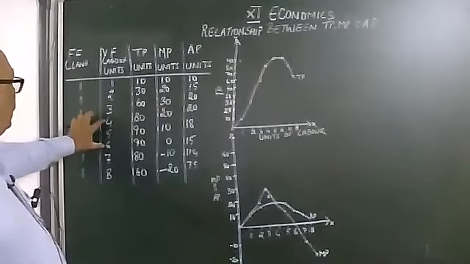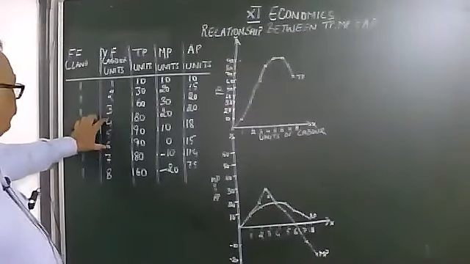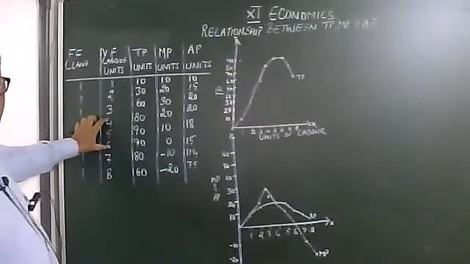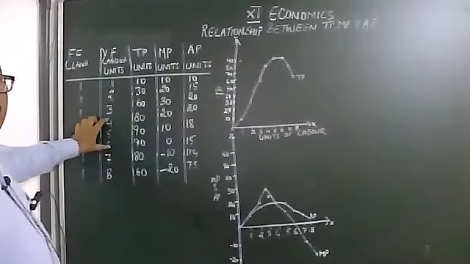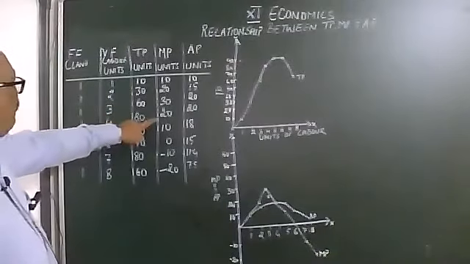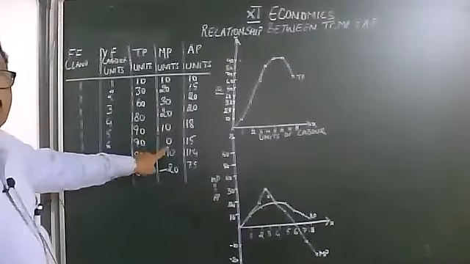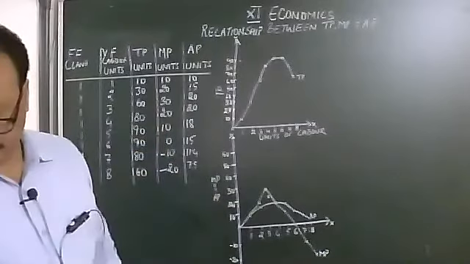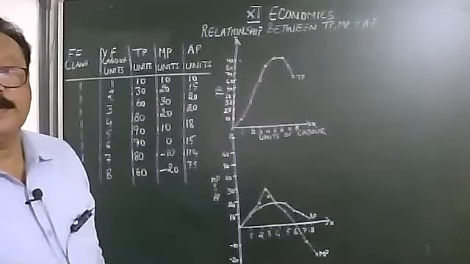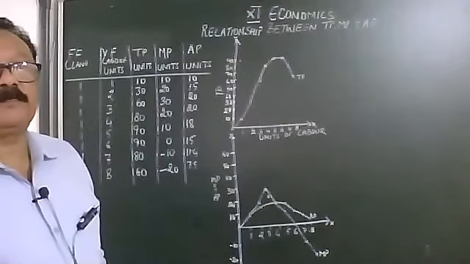That is, in brackets you can write from 4, 5 and 6. When PP increases at a decreasing rate, MP declines but remains positive. That is from units 4 to 6.